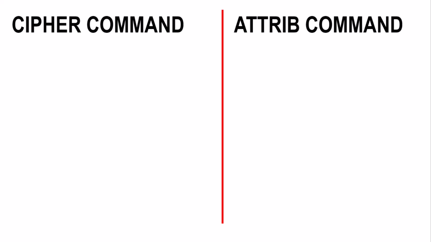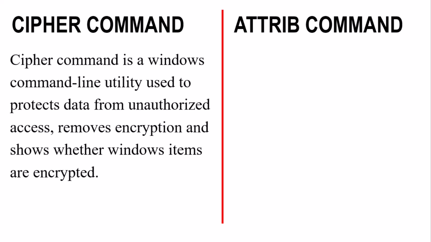These commands help in the right organization and management of our files and folders on our operating system. Now, what is the Cipher command? This command is a Windows command line utility used to protect data from unauthorized access, remove encryption, and show whether Windows items are encrypted.